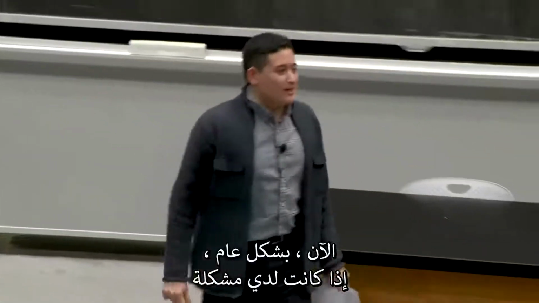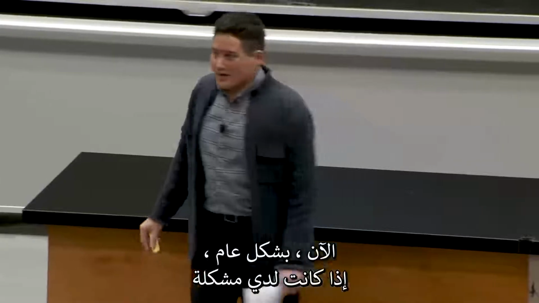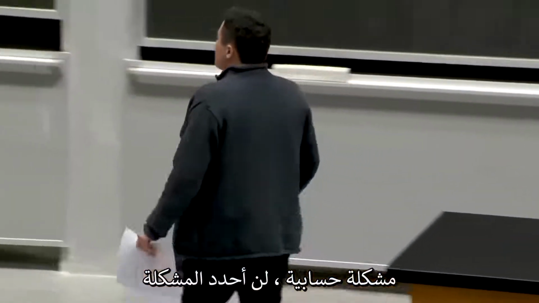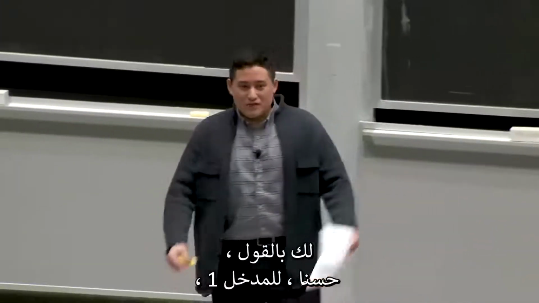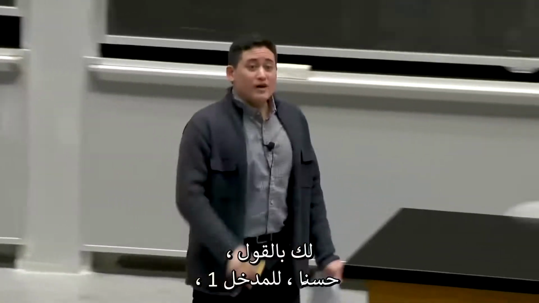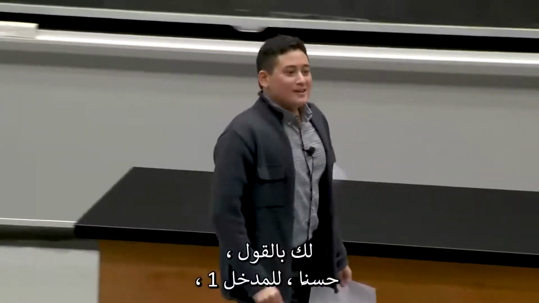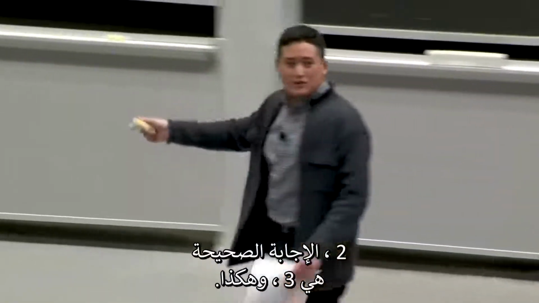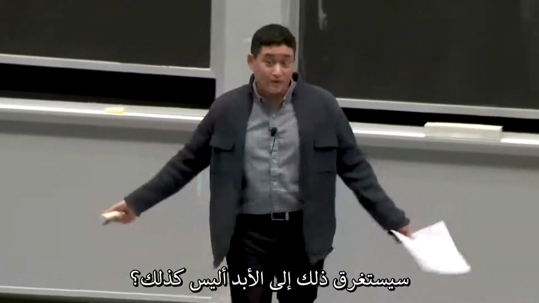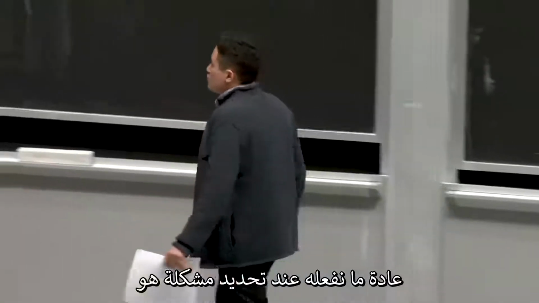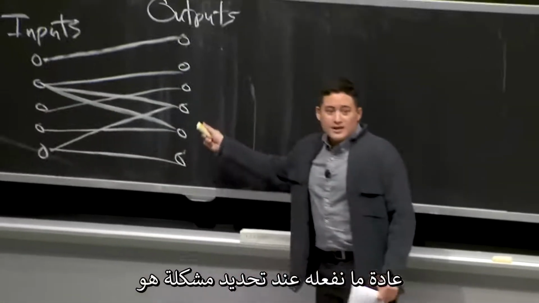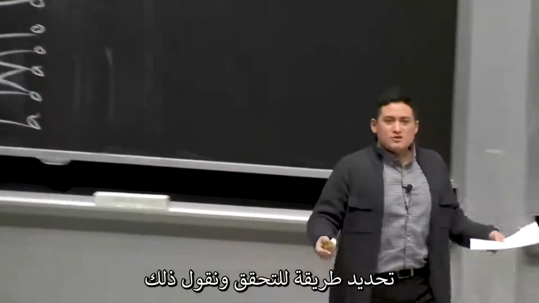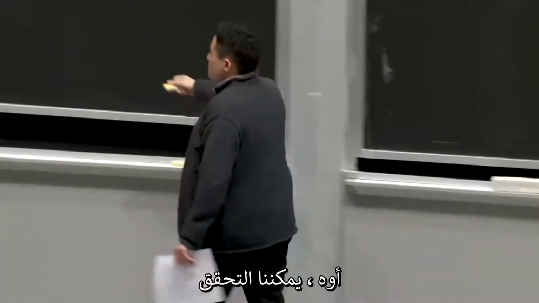Now, generally, if I have a computational problem, I'm not going to specify the problem to you by saying, okay, for input 1, the correct answer is 0. And for input 2, the correct answer is 3, and so on and so forth. That would take forever, right? Usually what we do when defining a problem is specify some kind of predicate saying that, oh, we can check.